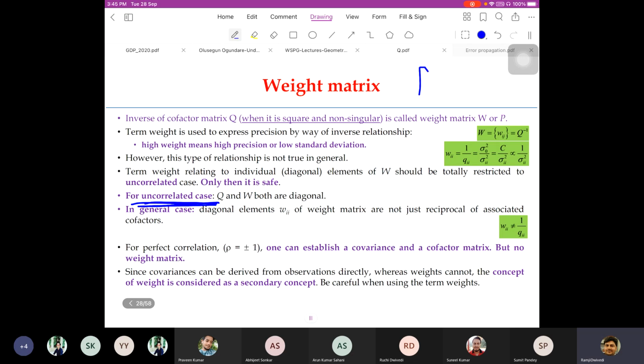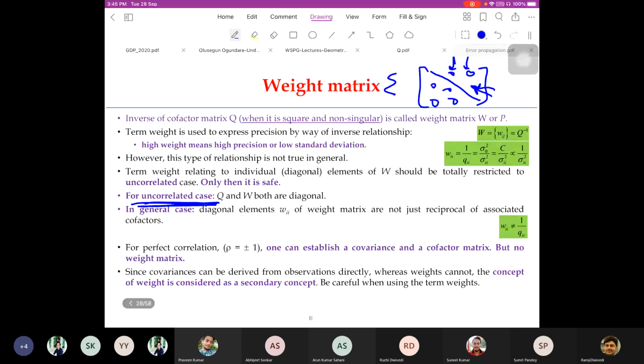This is an important point, because many of you would not be following uncorrelated because of one reason or another. Uncorrelated means only the diagonal matrix is there, and all the rest of the components are zero. This is called uncorrelated. There would be certain values here, and I'm talking about the variance covariance matrix. Only the variance covariance matrix gives you an indication about the correlation or uncorrelation.